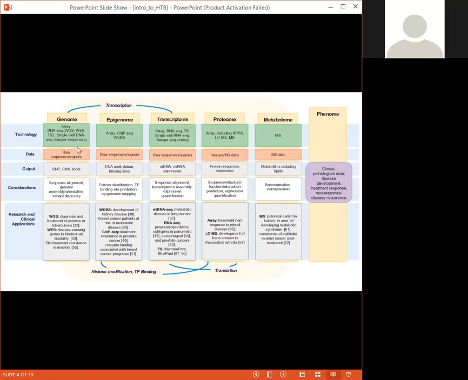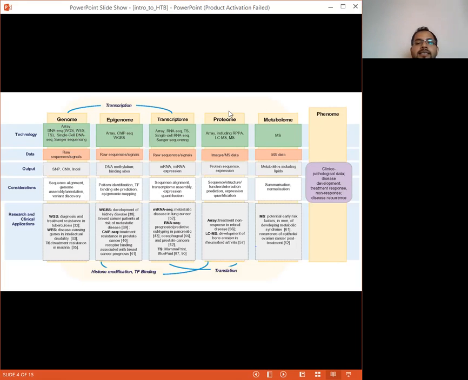Yes, sir. Okay. So you can see that there are a number of technologies available, which analyze different layers or levels of data. We have genomic level data, epigenomic data, transcriptomics data, proteomics data, metabolomics data, or phenomics data.